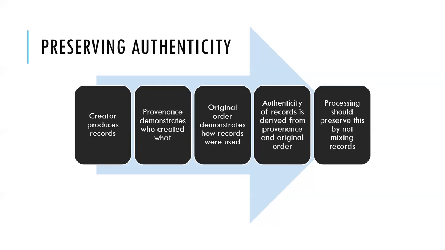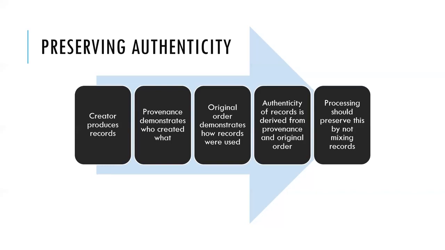Oftentimes this is inevitable. Sometimes a person's collection will come in, and it'll just be a mess. There won't be any order to the records at all. It looks like people just dumped things into a box or threw a bunch of things on a hard drive and said, okay, here you go.